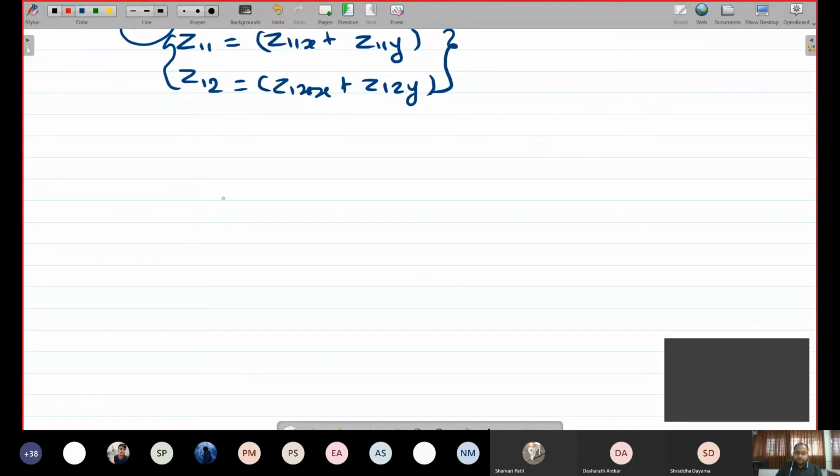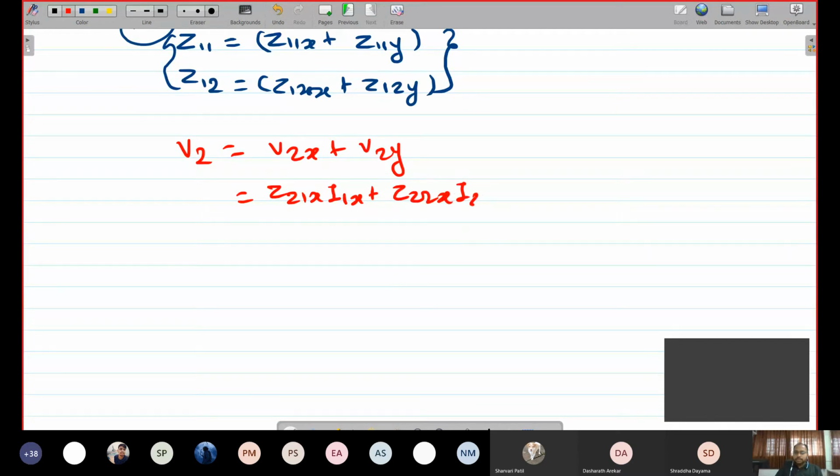So V2 is equal to V2x plus V2y. And V2x is nothing but Z21x I1x plus Z22x I2x. What about V2y?